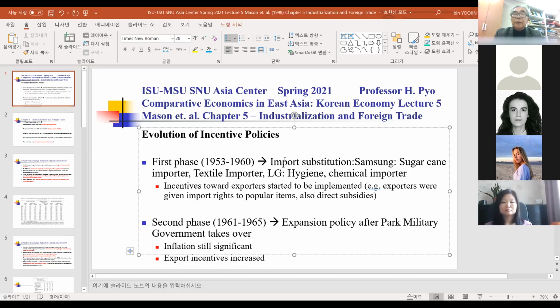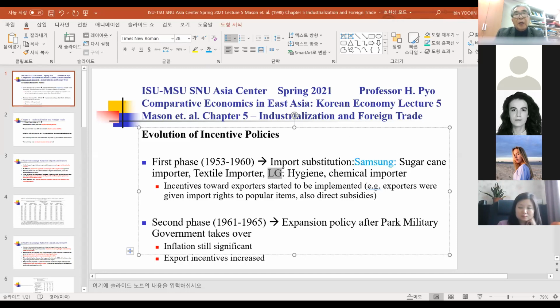You simply cannot do that. Why? First of all, to be able to import, you need good knowledge of information. Where to buy good sugar cane? How much should we pay? So when they were selected, Samsung and LG were already one of the better companies, organizations.